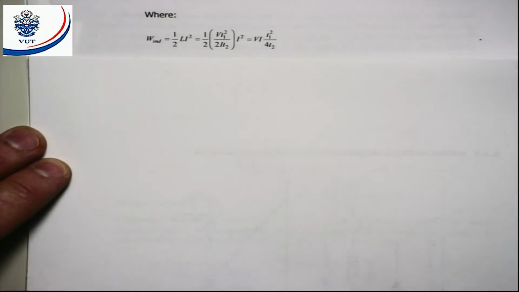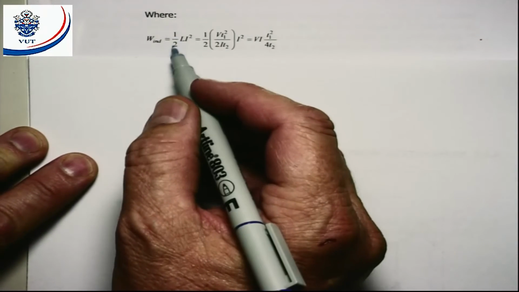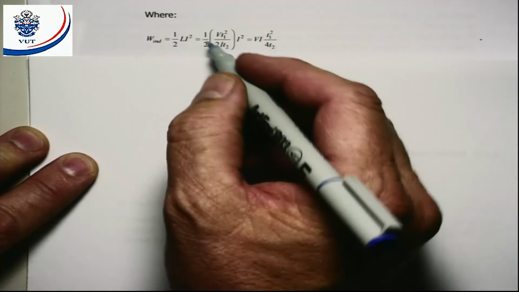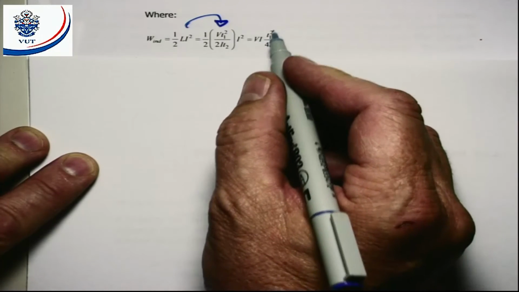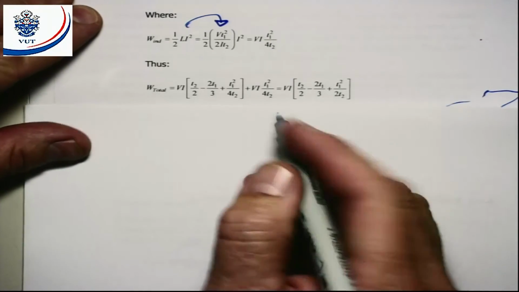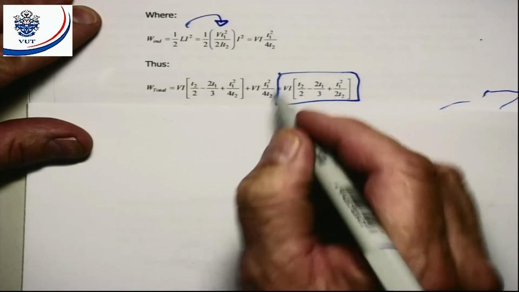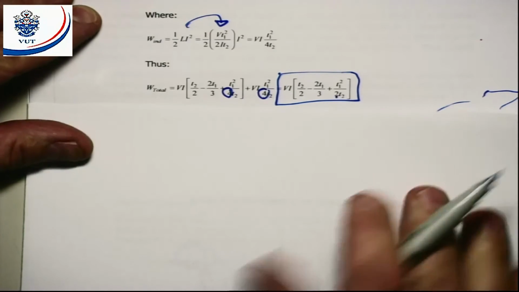So we have that the energy stored in the inductor is equal to a half Li squared. We have an equation for L. We fill it in there and we get VI T1 squared over 4T2. So when we add all of this together, we get that equation. Once again, you can see a quarter plus a quarter gives us a half.